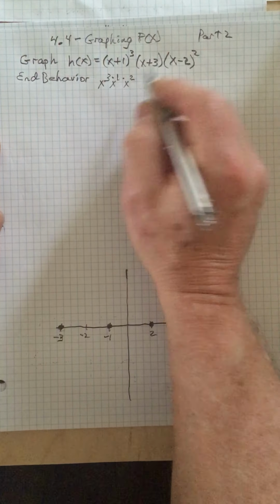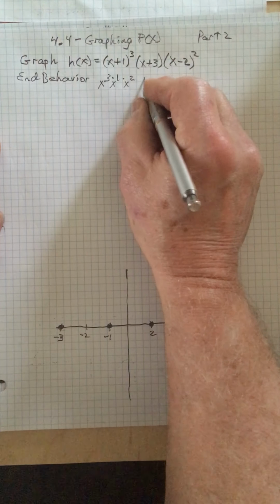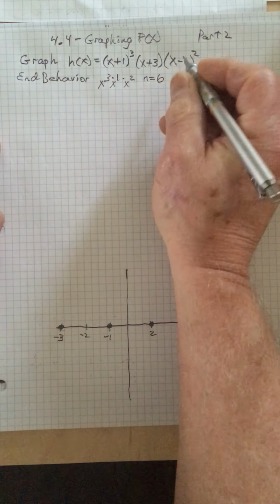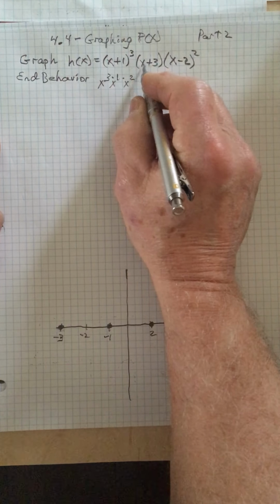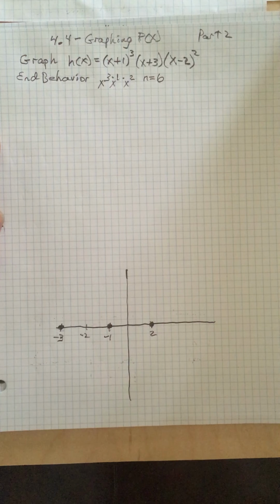So 3, 4, 5, 6. Our degree here is 6, and again, we can get that by just adding these exponents.